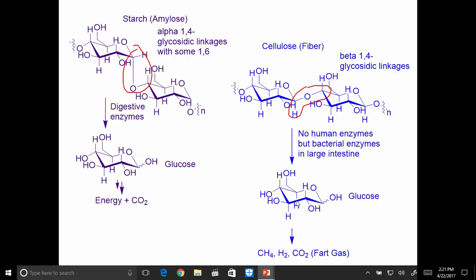Okay, glucose. These bacteria don't always just produce CO2. Sometimes some of them produce methane, some of them produce hydrogen, some of them produce carbon dioxide. This mixture is commonly just referred to, for lack of a better term, as fart gas.